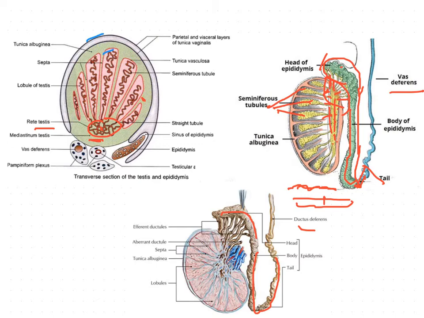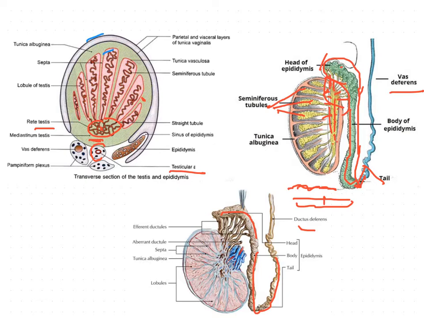If you see the arterial supply of this testis, normally it is done by the testicular artery, a branch of the abdominal aorta which arises at the level of the L2 vertebra. It descends on the posterior abdominal wall to reach the deep inguinal ring, where it enters the spermatic cord.